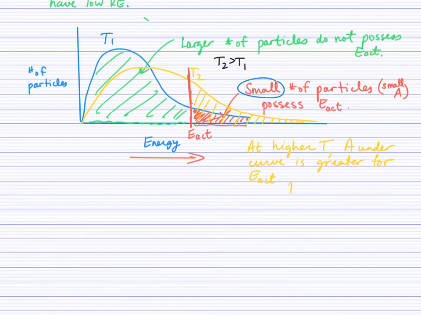So what we've shown there is that more particles have the potential to collide successfully, so we've actually increased the percent of effective collisions. And so in summary, temperature is shown to both increase the frequency of collisions as well as increase the percent of effective collisions. And that's why temperature is an excellent way to control the reaction rate.